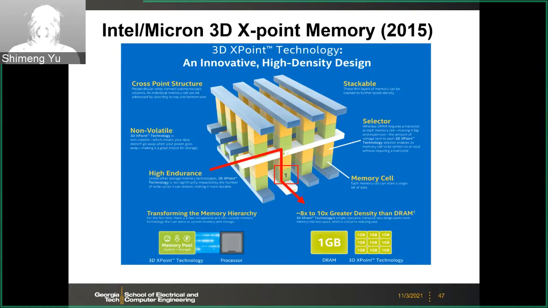In this case, they have 2 layers, and the middle is the shared bit line. On the bottom you have word line 1, and on the top you have word line 2. And at each cross point you have this 1S1R.